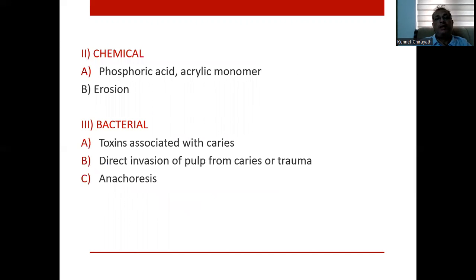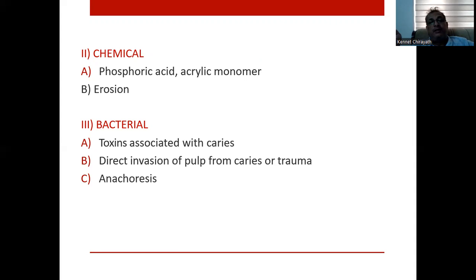Then comes the chemical causes: phosphoric acid, acrylic monomer, and erosion. Phosphoric acid is used especially when we etch the enamel for composite restoration, and acrylic monomer is in cold cure acrylic. These can pass through the dentinal tubules and cause injury to the pulp. Erosion occurs mainly when a patient continuously consumes acidic beverages, which erode the enamel.